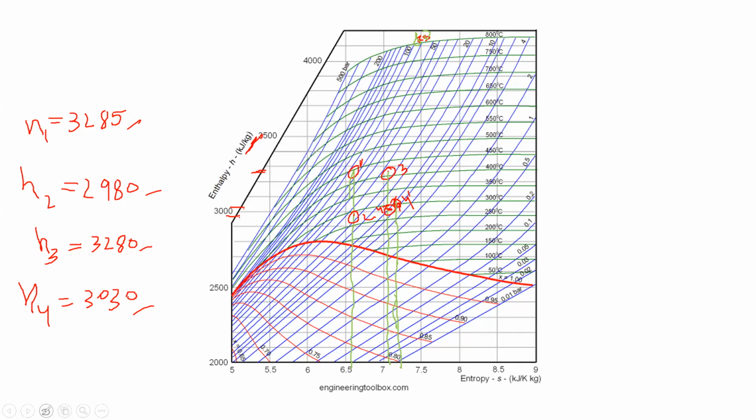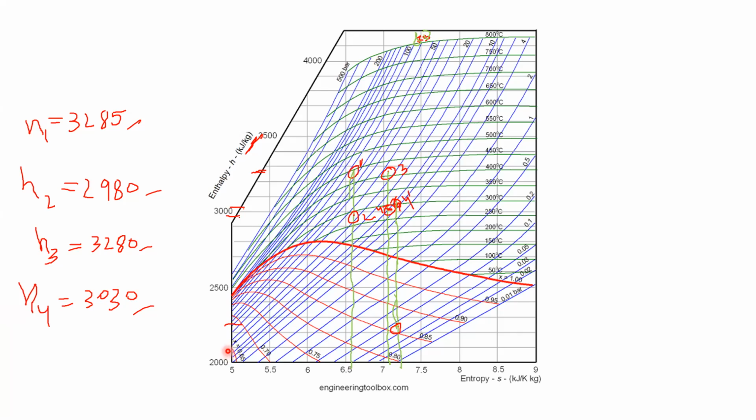Just wait, I am just marking that line. At this state only, these 2 points meet together. I have to mark these 2 positions. At this condition, I have the enthalpy at the fifth state.